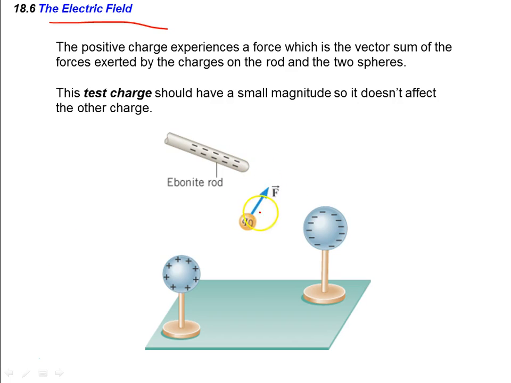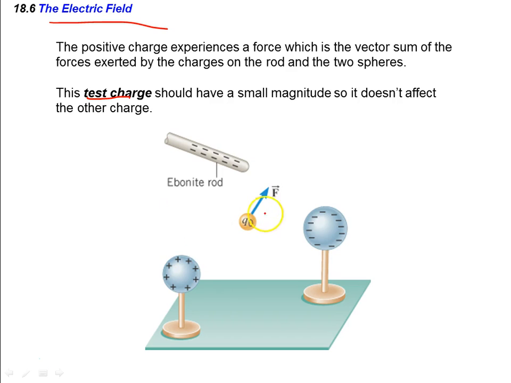So in order to measure electric field, or in order to denote a direction or convention for electric field, we will consider a test charge. Test charges are always positive, and so the direction that a test charge would go, that's what we say the direction of the electric field is directed.